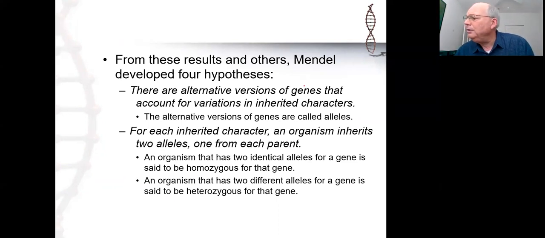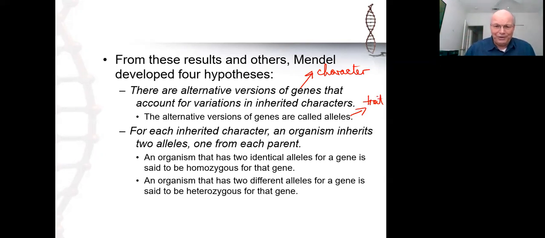So a gene gives rise to a character. An allele gives rise to a trait. That's the connection. Remember, a trait is a version of a character, just as an allele is a version of a gene. So a gene gives rise to the character.